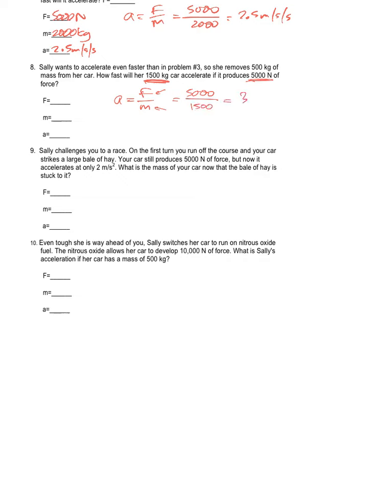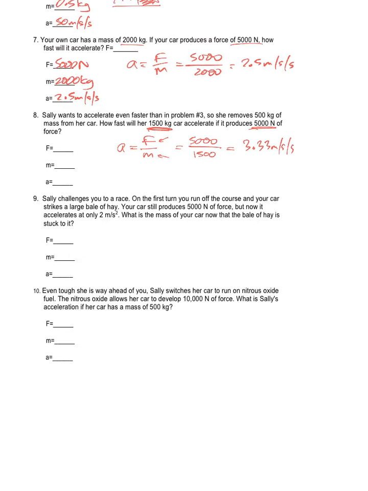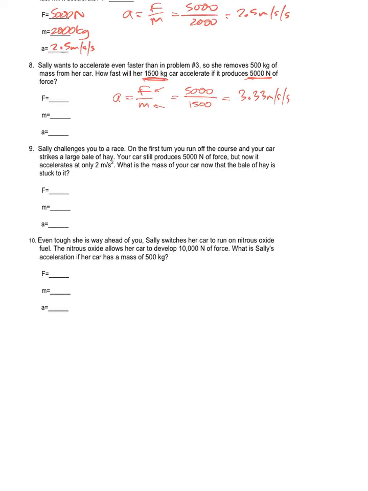The acceleration is 3.33 meters per second squared, which is a greater acceleration than before, simply because she lightened the car by 500 kilos. So the force was 5,000 newtons like before, the mass was 1,500 kilograms, and the acceleration was 3.33 meters per second squared.